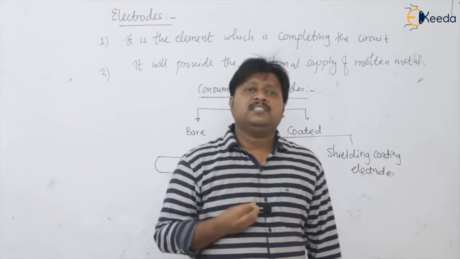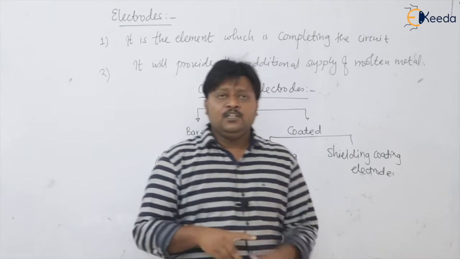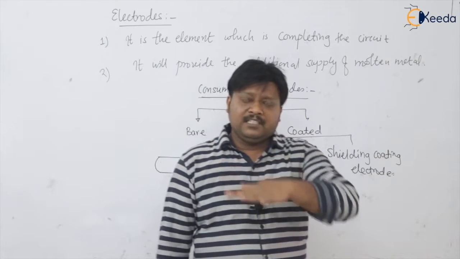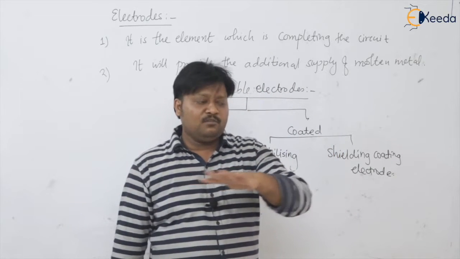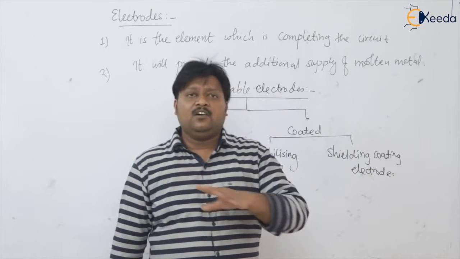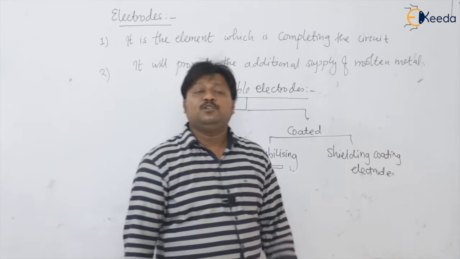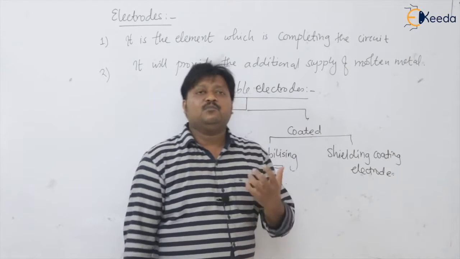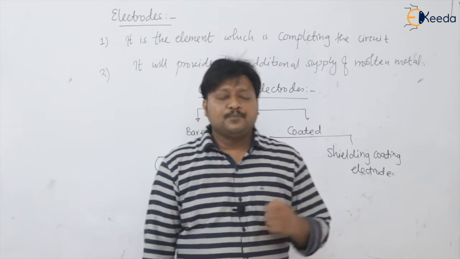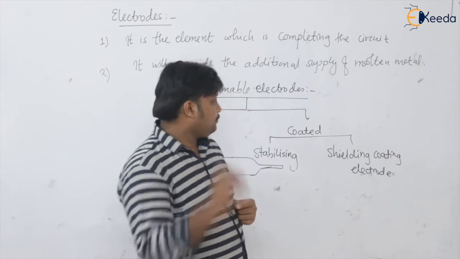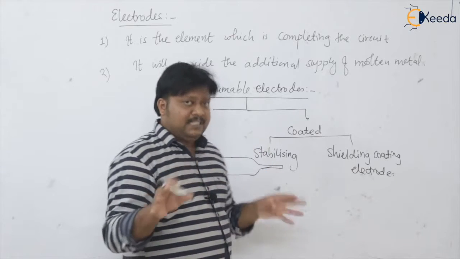Also it can sometimes act as an insulator. So the flux or this coating is going to form a uniform layer or blanket over the weld pool, so that definitely your weld pool is safeguarded from the atmospheric contamination. Okay, now these are the basic functions.